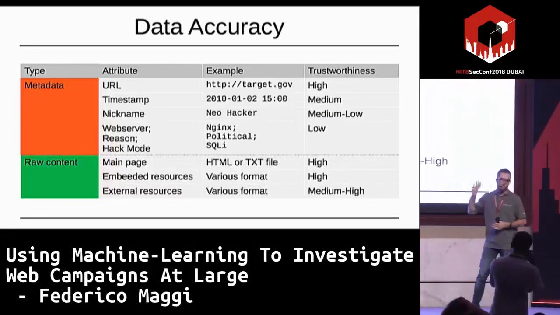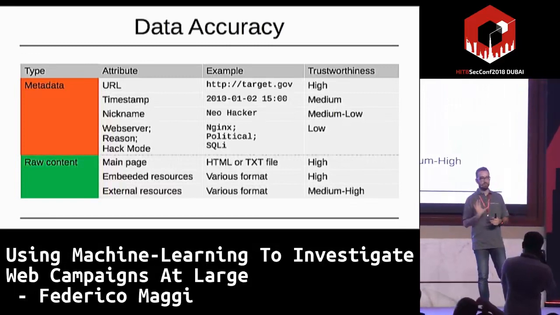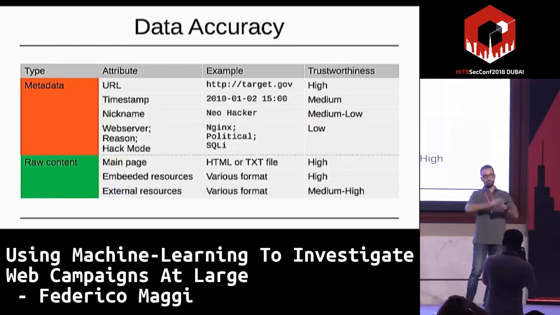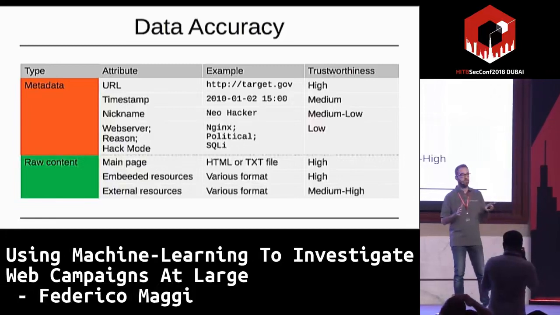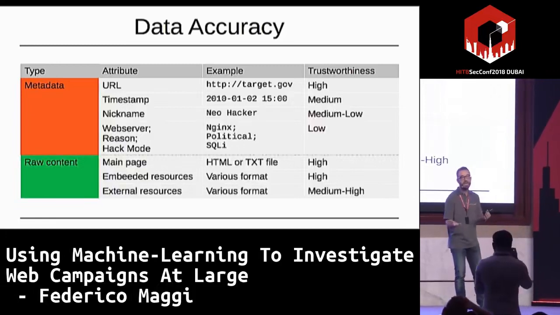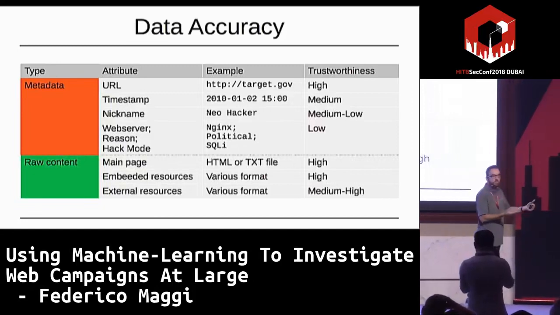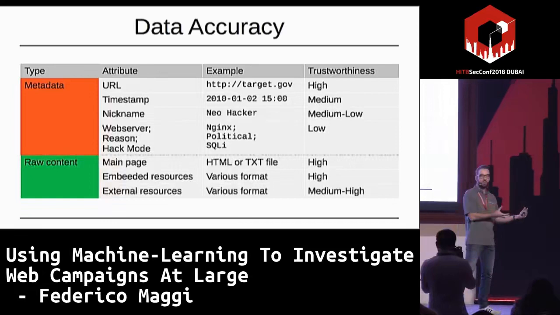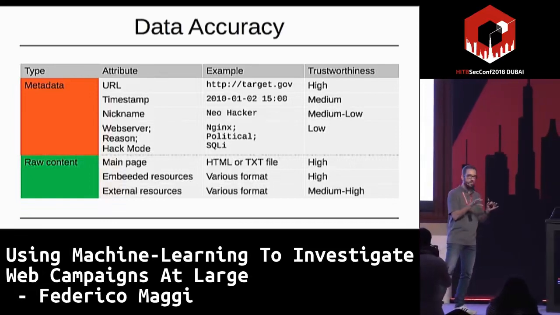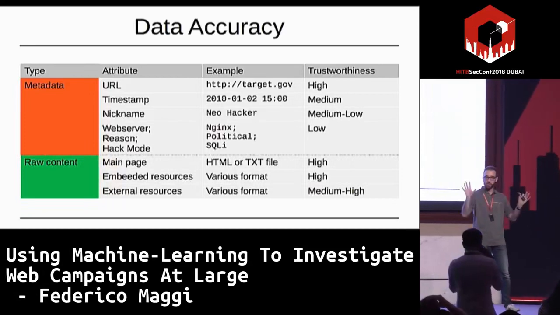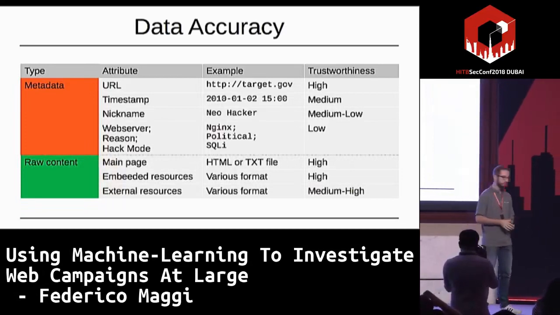The other part, the metadata, you have to be careful, because the nickname might not be accurate. The attacker may lie about the web server, or may lie about the reason why he or she wanted to hack into that website, just to cover up the traces a little bit, to show off, but not so much.